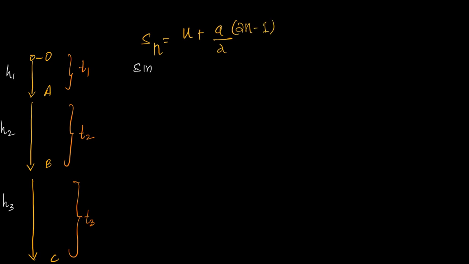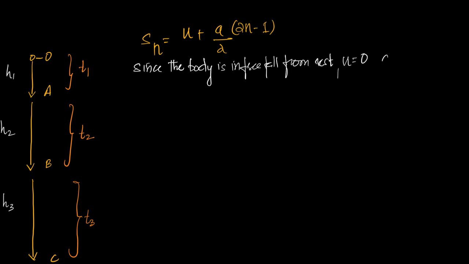Now, since the body is in free fall from rest, u is equal to 0 and a is equal to g. In which case, Sn here would be equal to g by 2 into 2n minus 1.